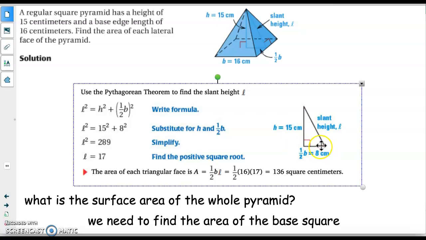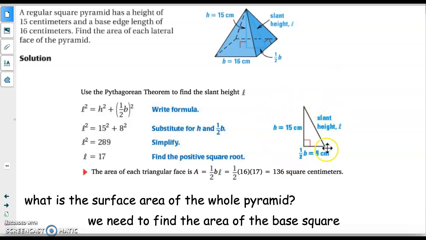This distance here, 1/2 b, is half of that base length. And then we can use the fact that this is a right triangle to find the slant height using the Pythagorean theorem. You'll see here on the left that they do the Pythagorean theorem, they solve for the slant height, which is abbreviated with that little L, and they find that the slant height is 17.